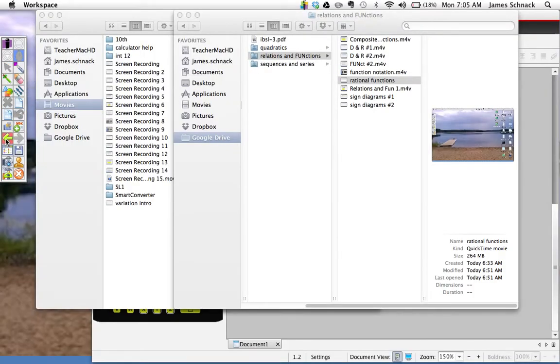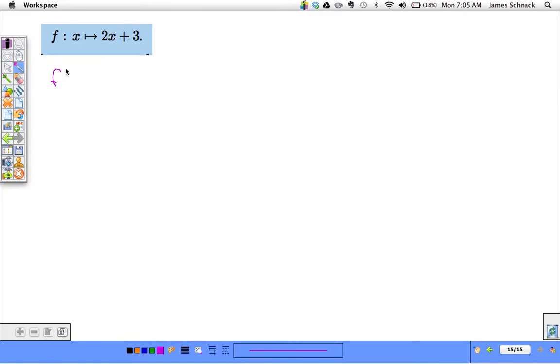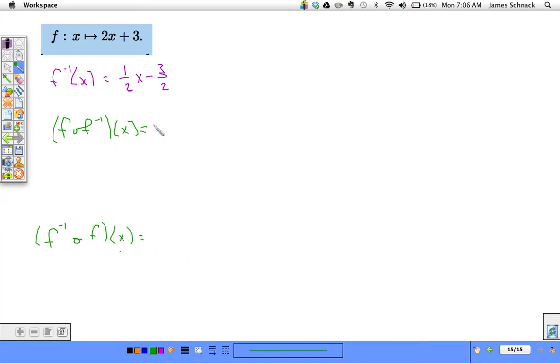And then the inverse was 1/2 x minus 3/2. To verify that these two things are inverses, we have to do these function compositions. And we need to end up with x both ways, and we have to do both ways.